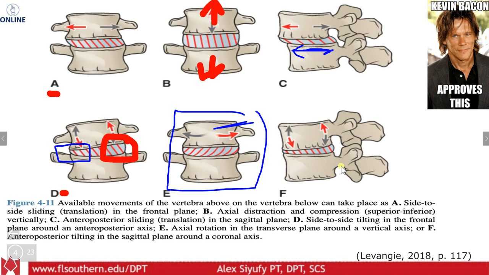And then certainly there's also this last one, there's tilting in the anterior to posterior direction, which is like tilting here. So you get a compression on one side and then a distraction on the other side, which would occur with flexion, for example.